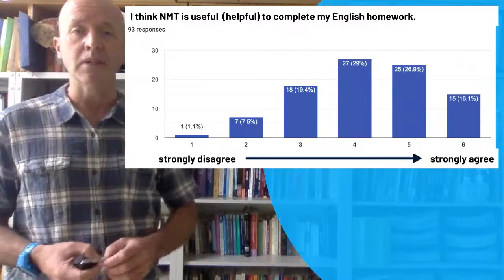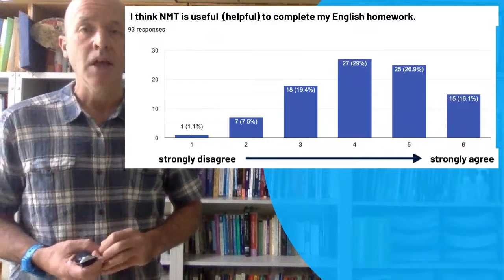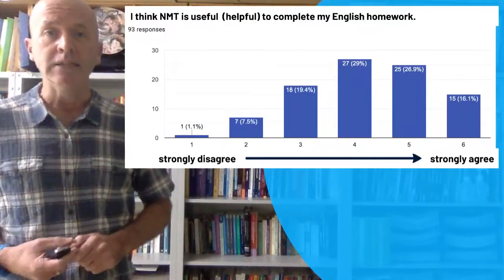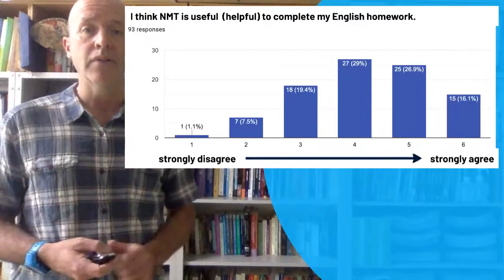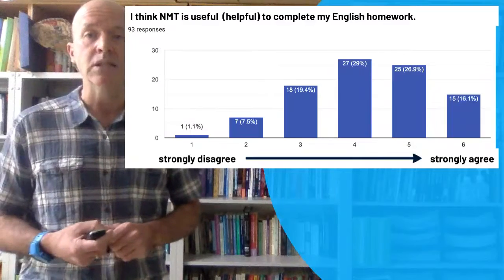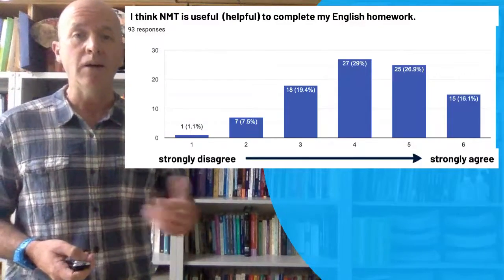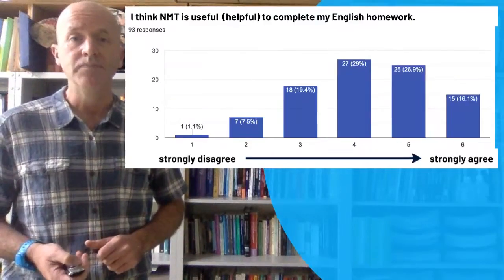But this whole survey was 100% done in their first language. Back to this question, most of them strongly agree that using machine translation is very helpful to complete their English homework, their assignments.